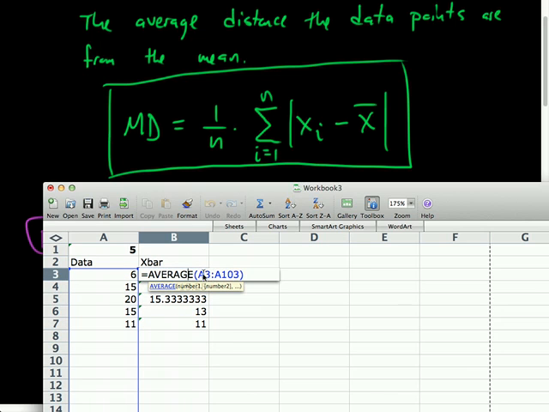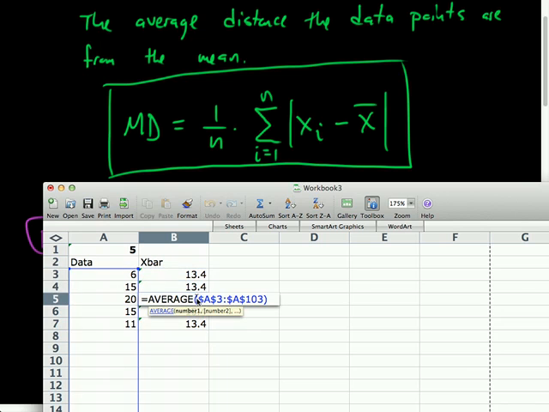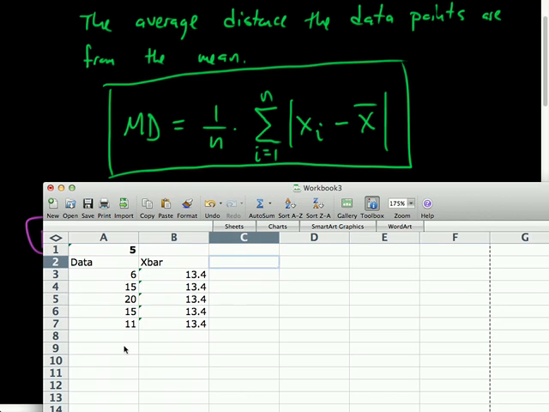I have to put dollar signs on this, making it an absolute reference so that it's always referring to the same cell. Now when I drag this down, you can see that even here, it's referring to the same list. That's called an absolute reference in Excel. That's an Excel thing, good stuff. That way I didn't have to program the formula in 5 or 10 times. It's always going to be the same.